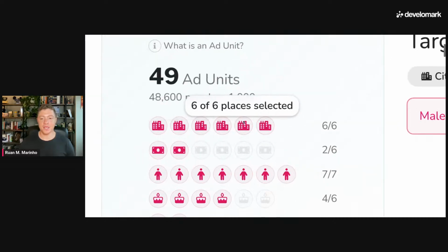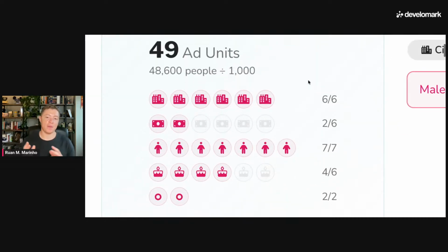What that does is it gives us ad units. So if you think about an ad unit, all it is a group of 1,000 people. Most advertising software or most advertising networks optimize for cost per 1,000 impressions. So we bucket them by 1,000. So if there's 48,000 people around this area in my categories, there's roughly about 49 ad units.